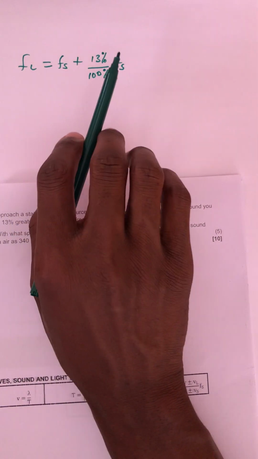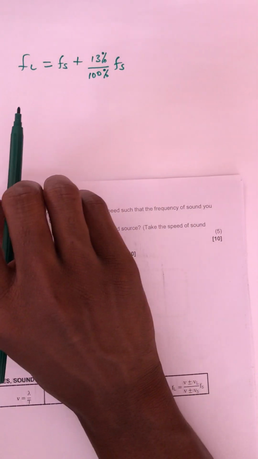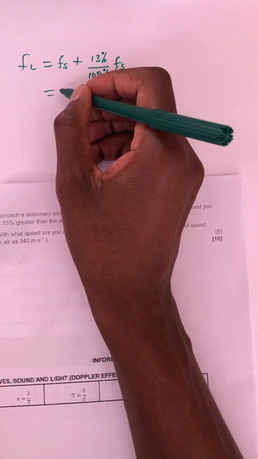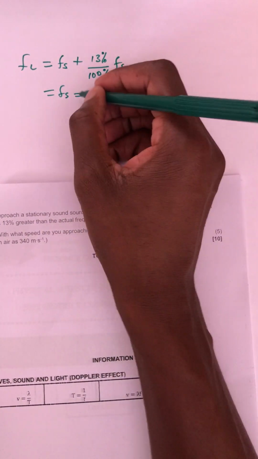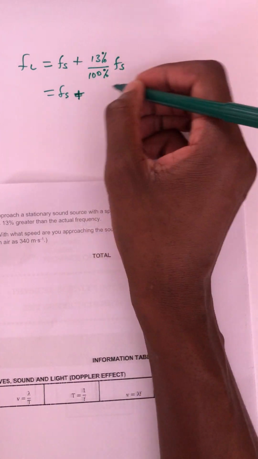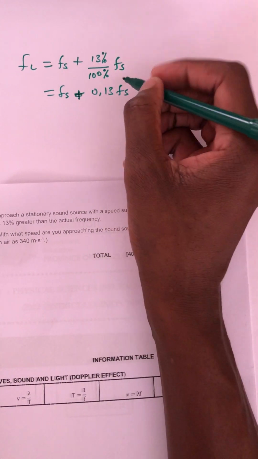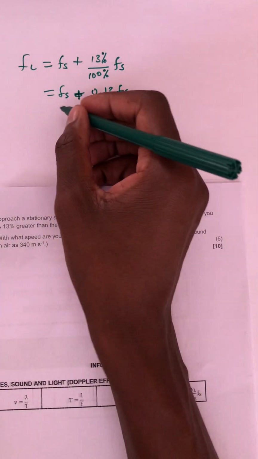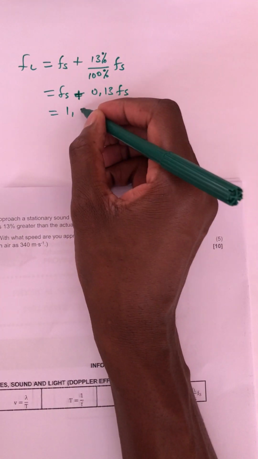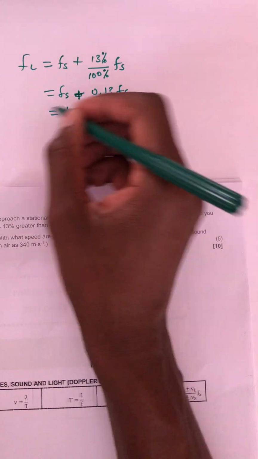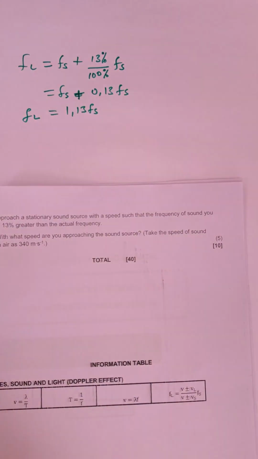That means it's this plus the 13% of that. So it's going to be the frequency of the source plus 0.13 Fs. So it means that we're going to have 1.13 Fs as the frequency of the listener.